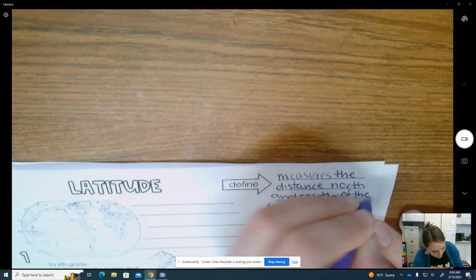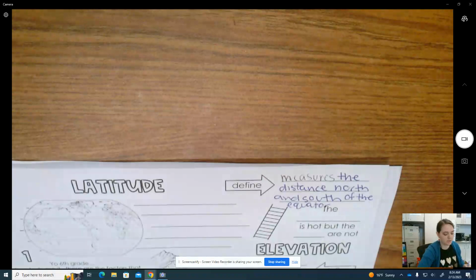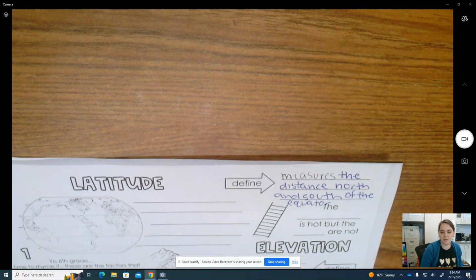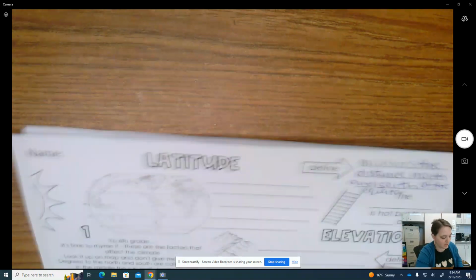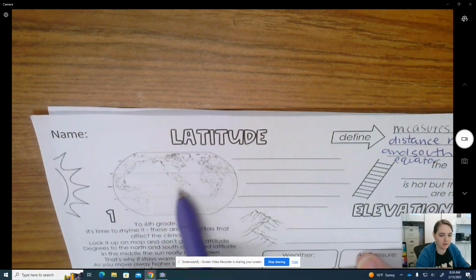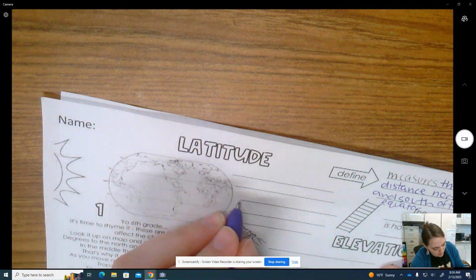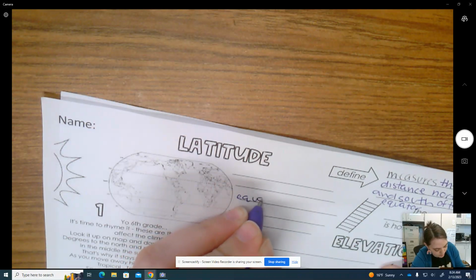If you can't fit it in, that's okay. There are these latitude lines, these dotted lines are latitude lines. So they measure the distance from the equator north and south. So this middle line right here is called the equator, but we already knew that.